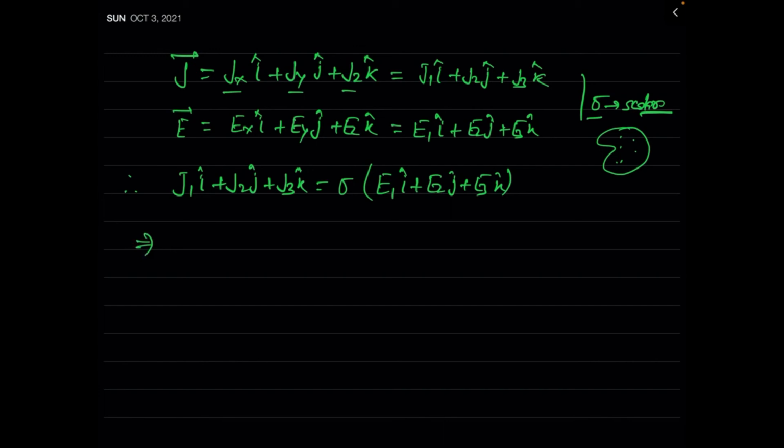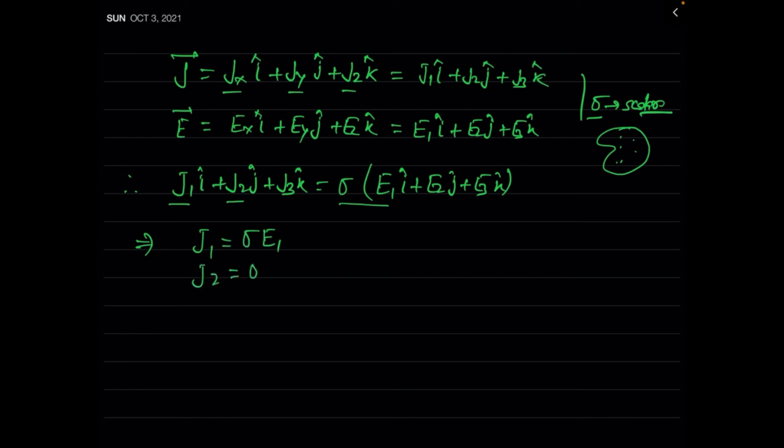Now you know if two vectors are equal, then the corresponding components of the vectors are equal. So the x component of the vector on the LHS will be equal to the x component of the vector on the RHS. Similarly, the y component of the vector on the LHS will be equal to the y component of the vector on the RHS, and so on. So let us equate the x, y and z components of the vectors on the LHS and RHS. Then we will have three scalar equations. J1 will be equal to sigma E1.